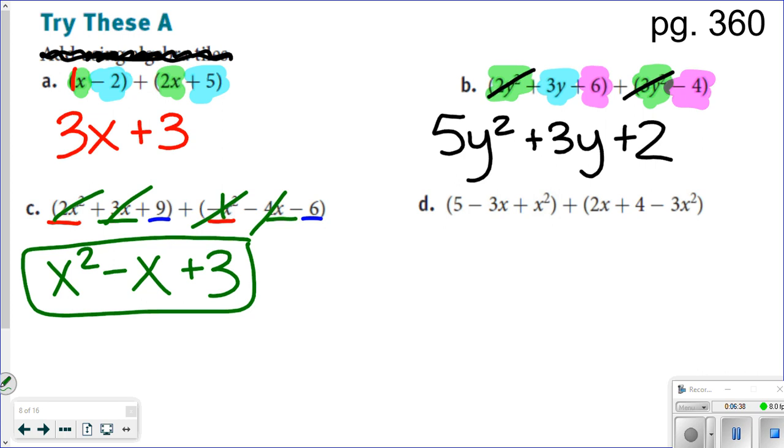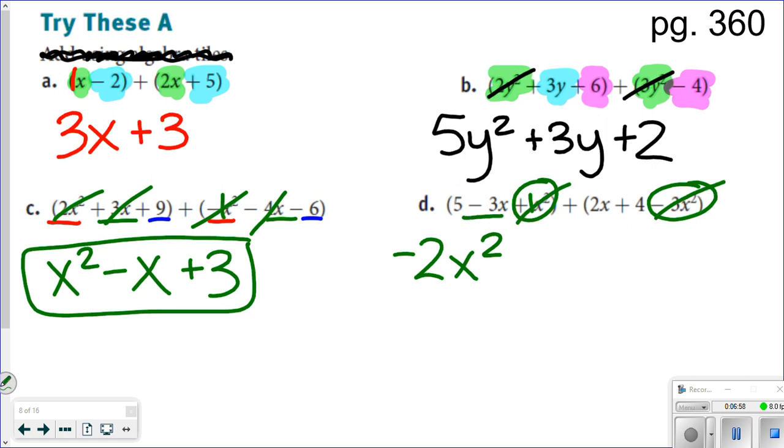And these last ones are not written in standard form. Okay, so make sure you're combining the correct like terms. So I have a positive 1x minus 3x squared. So that's negative 2x squared. Then I have a negative 3x plus 2x. So that gives me negative 1x.